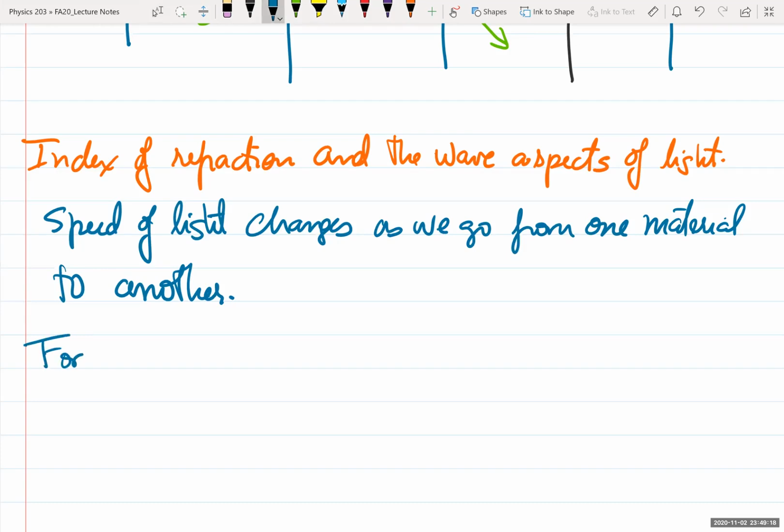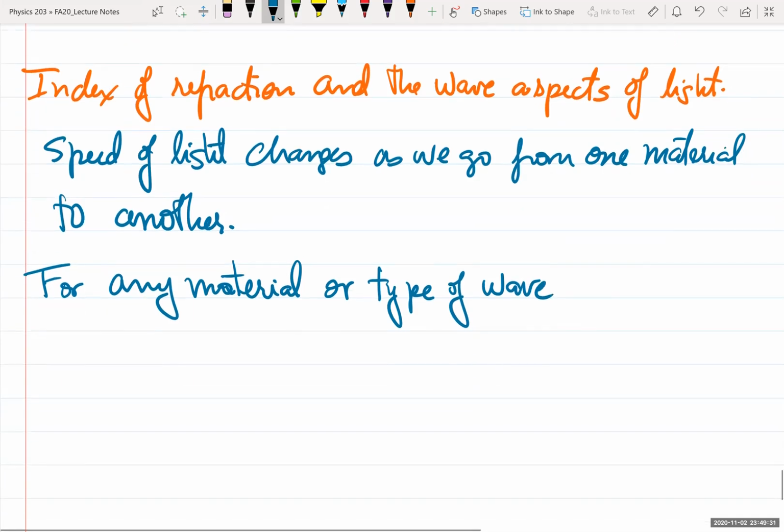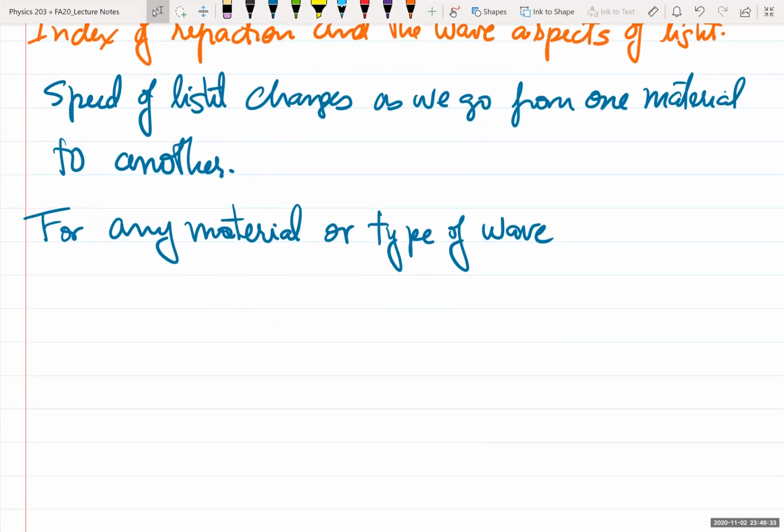For any material or type of wave, and when you discuss this in the 100 level classes, you discuss it from the point of view of sound waves, not light waves.